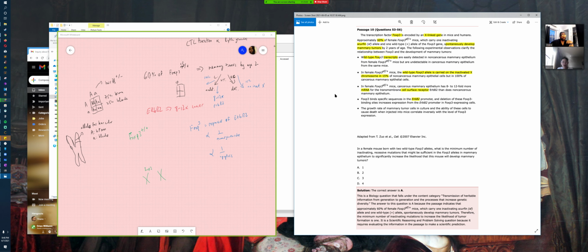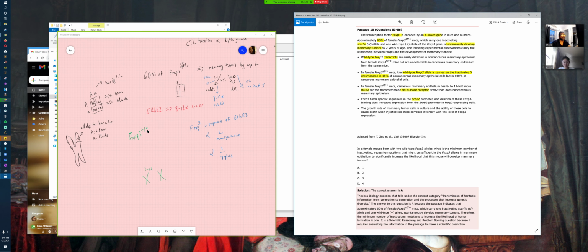What if I think 8 to 12 times is not that significant? Because it could be more than that. So there's no way to tell. But the best case here is probably that I'm still going to go with the 8 to 12, because the 8 to 12 fold increase is compared to FOXP3 plus plus.